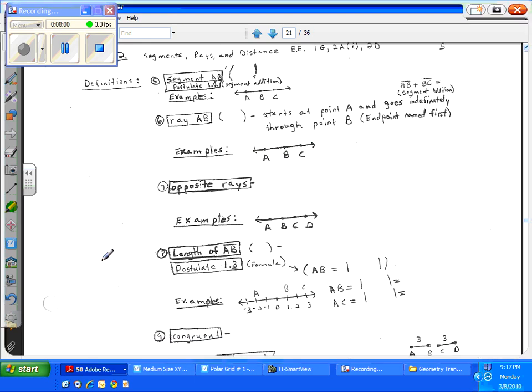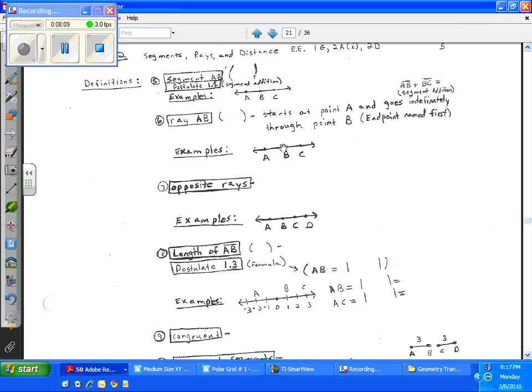Now, opposite rays. Opposite rays are two rays that have a common endpoint and go in opposite directions. So opposite rays would come from a line, or they would form a line.